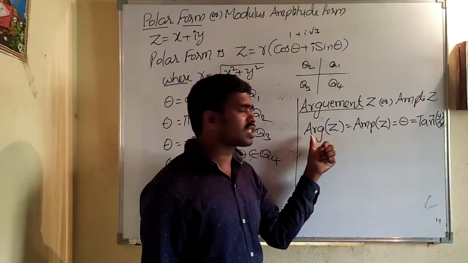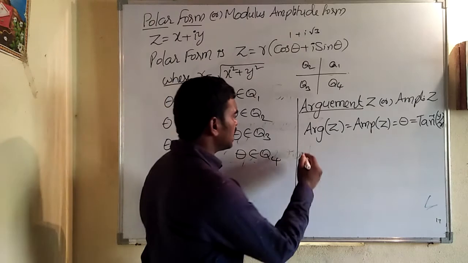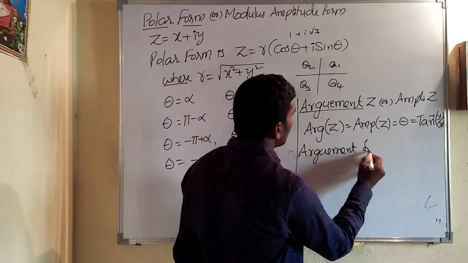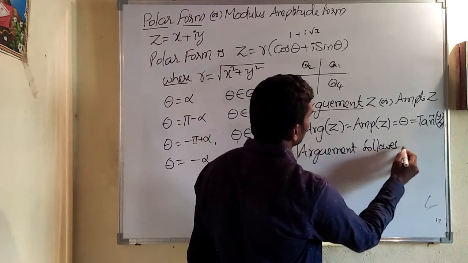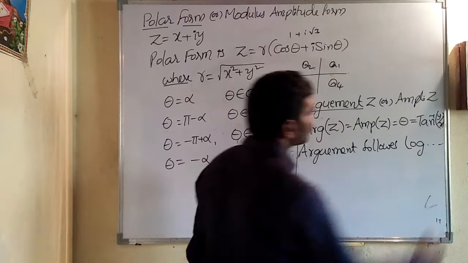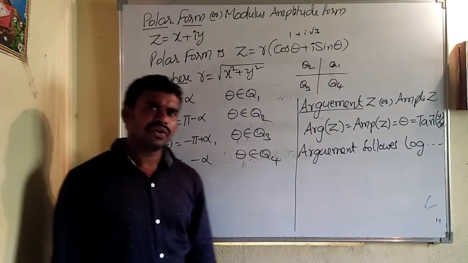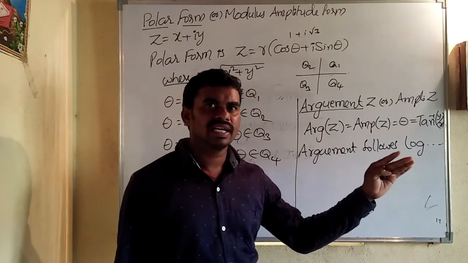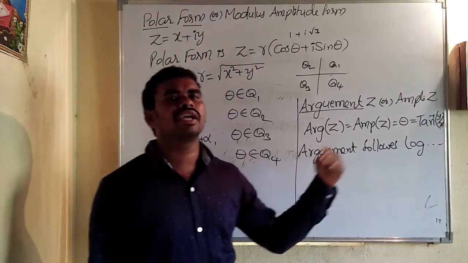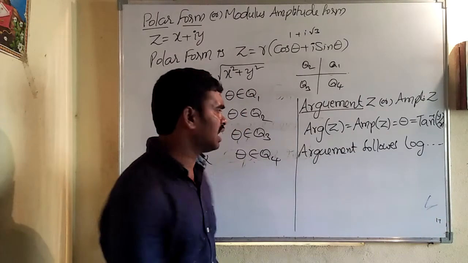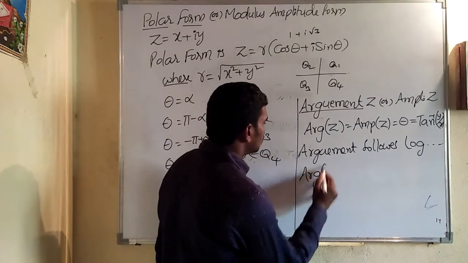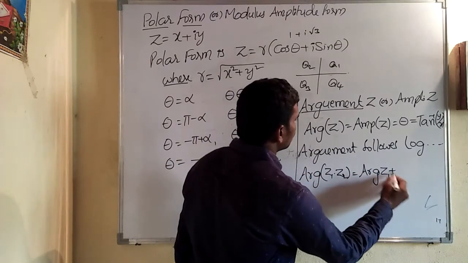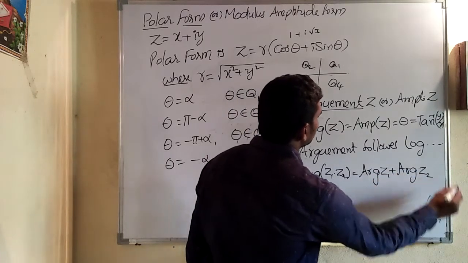Here we have some rules about argument z. Generally, argument follows logarithm rules. Do you know log a into b equals log a plus log b? Yes, and log a by b equals log a minus log b. Like that, argument z1 into z2 equals argument z1 plus argument z2.